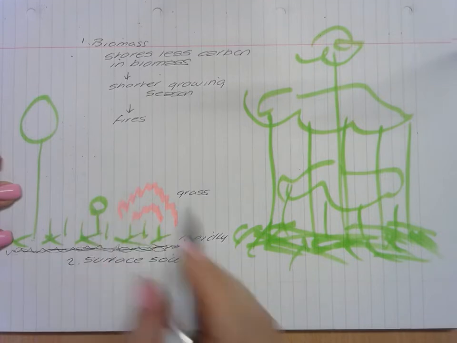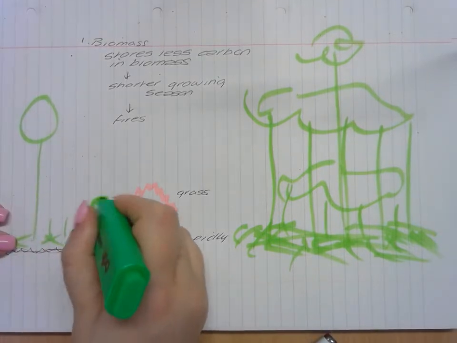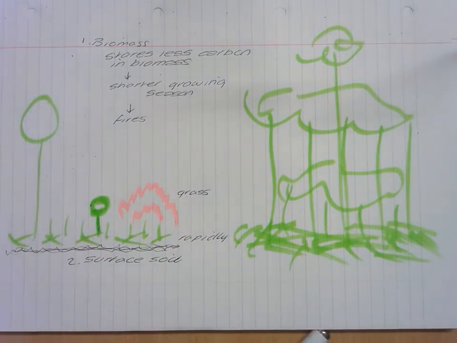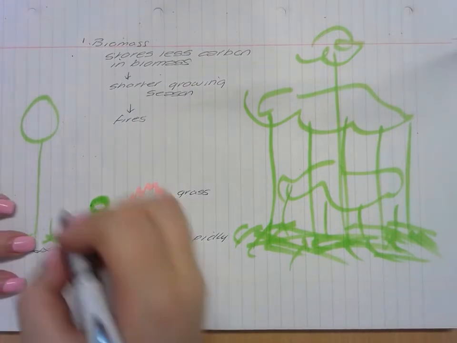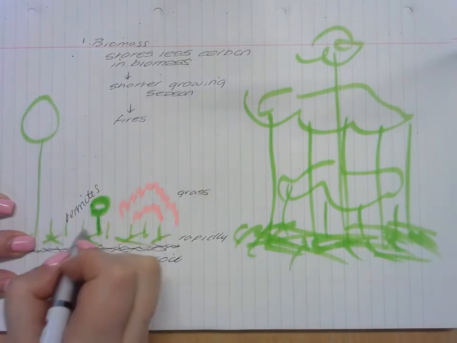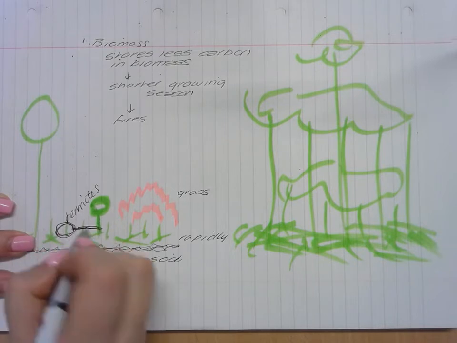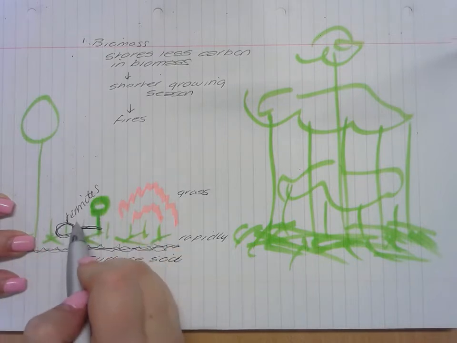But something else that is worth mentioning is my little shrub here. Now, my little shrub might get broken down by termites when it dies, okay? So my shrub has ended up in the leaf litter, here it is, and it's getting broken down by termites.